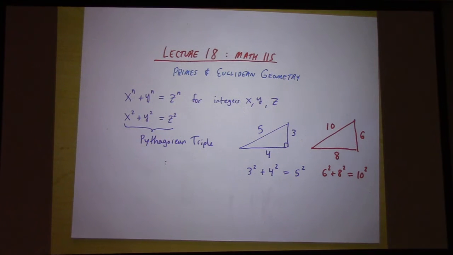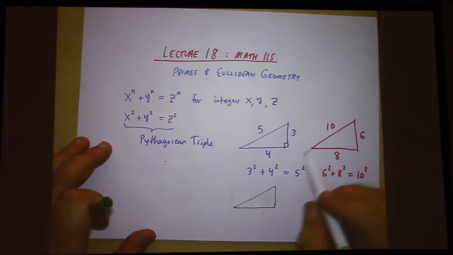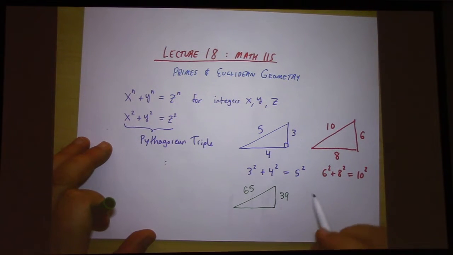And that's kind of neat, right? But you could also multiply the triangle by 13, and that would still be another solution to this n equals 2 problem. 13 times 5 is 65. 13 times 3 is 39. 13 times 4 is 52.